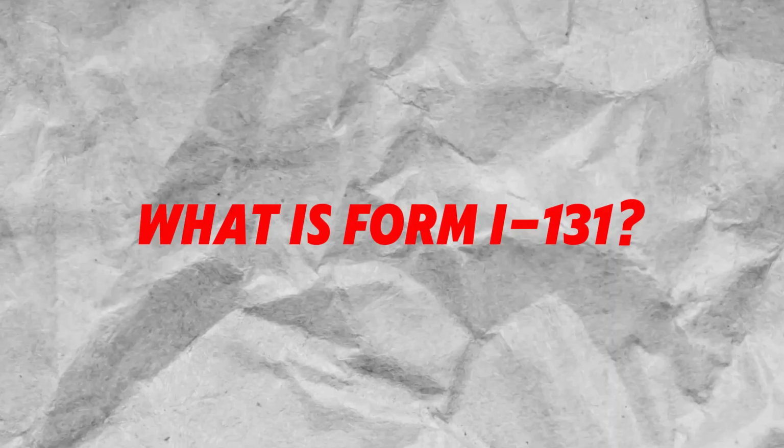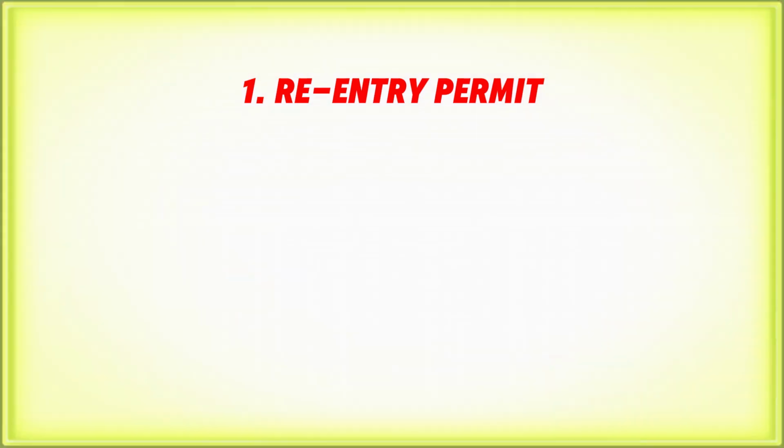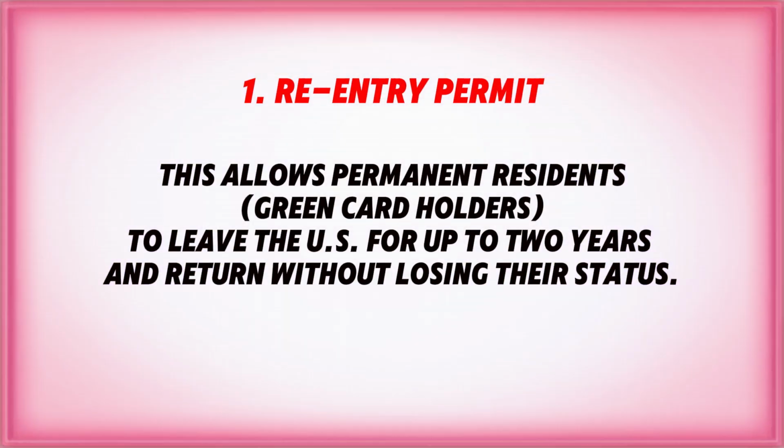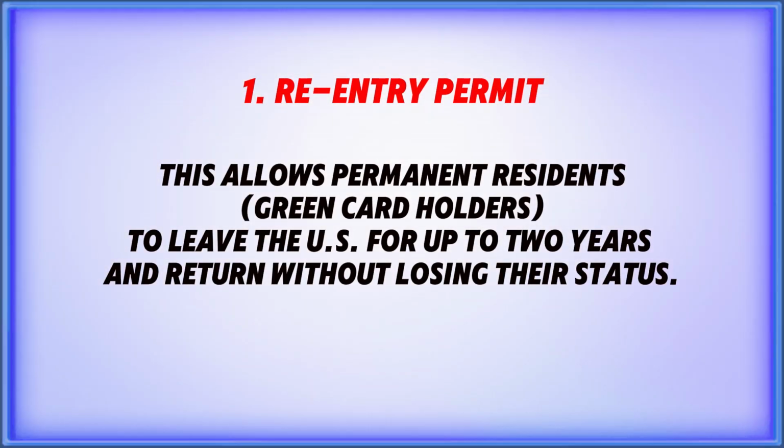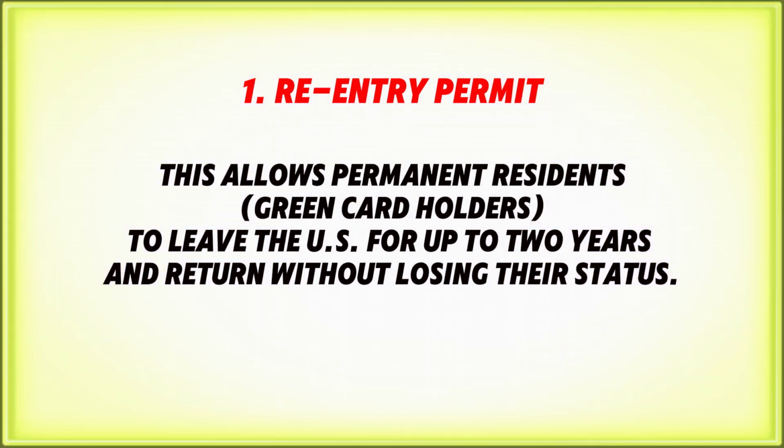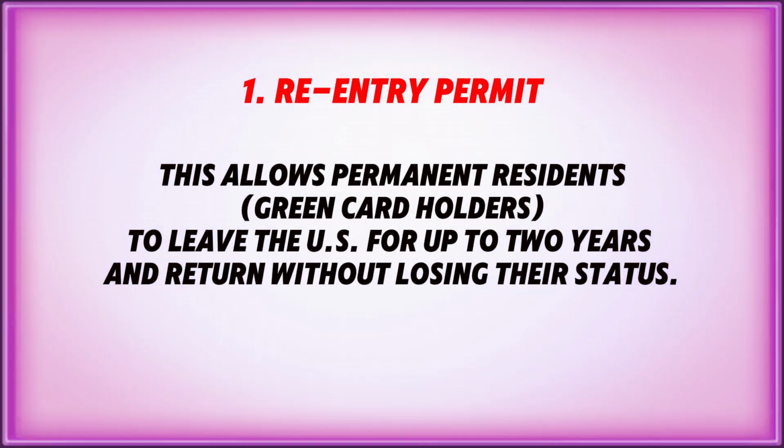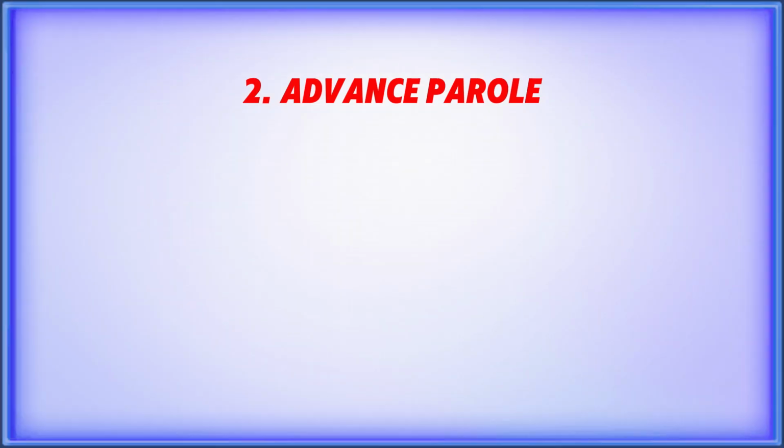But first, Form I-131 is a travel document application on which you can also apply online. It is used to apply for, one, re-entry permits. This allows permanent residents, also known as green card holders, to leave the U.S. for up to 2 years and return without losing their status. Second, advance parole.